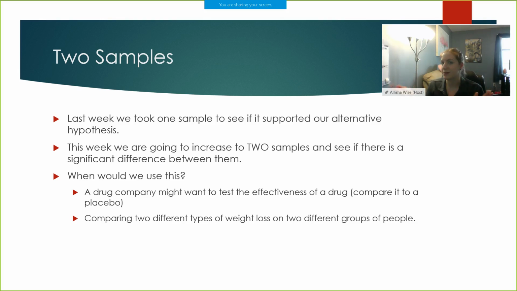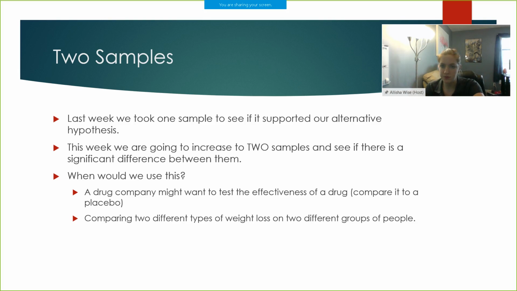We're going to go through some examples as we go through the practice problems as well. So just know we have 2 different samples. They may be doing the same thing, they may be doing something different, and we're going to compare the results from each of those samples and see if there's a difference between the 2 groups, okay?